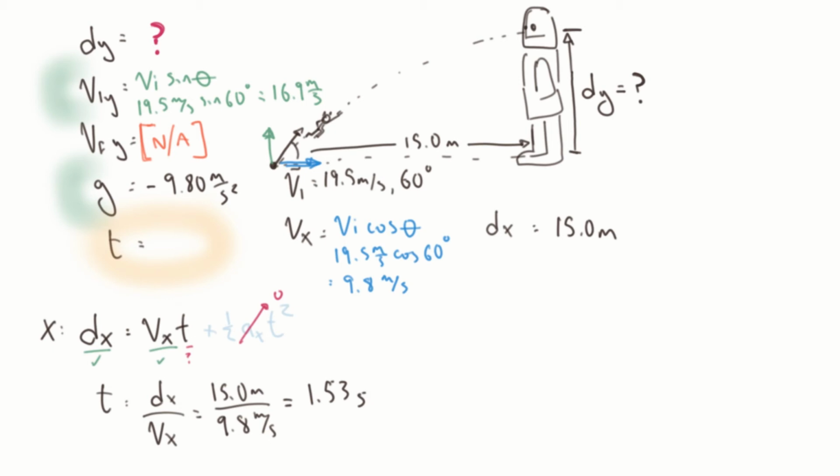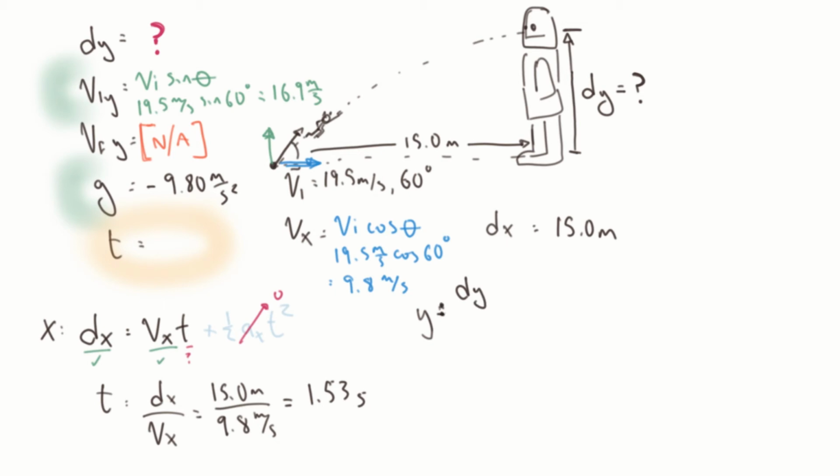Now we can turn to the y direction and figure out our missing value. When we take a look in the y direction, we're going to use the same equation, but here nothing's going to zero out. So things are a little more complicated.